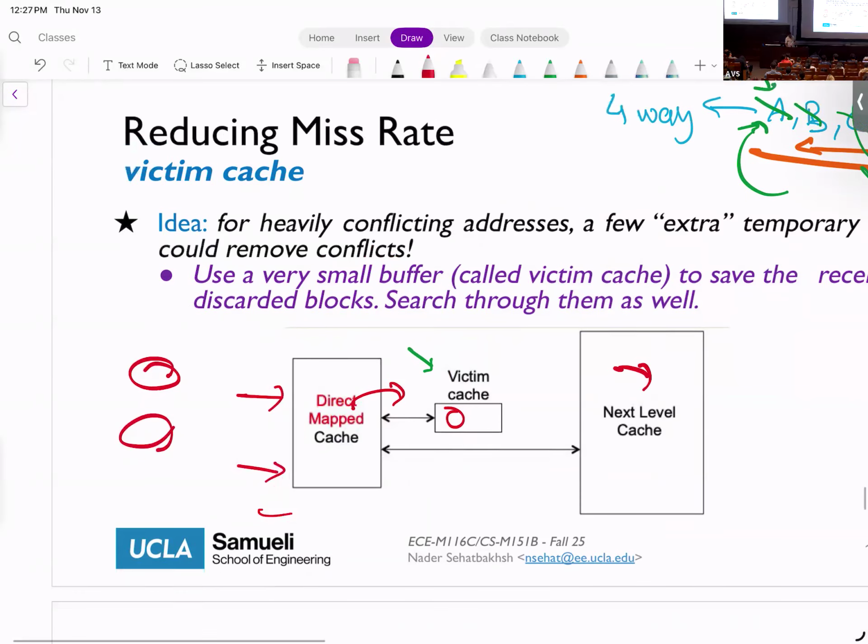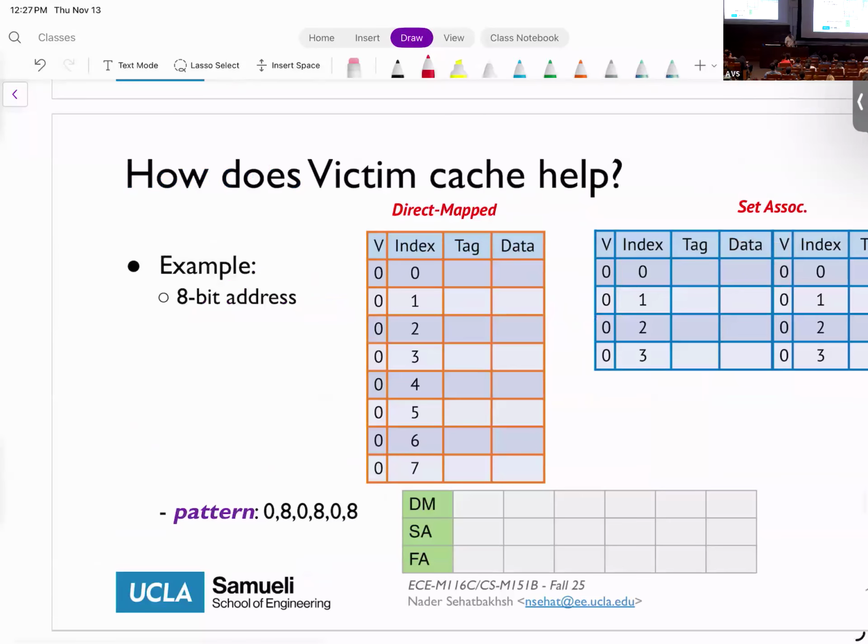So for example, I have a direct map and I have 0, 8, 0, 8. Remember that when we only had the direct map, this was all misses. Now if I have a victim cache with even 1 or 2 entries, that would be more than enough to make sure that this is all hits, right? So the first 2 will be misses, afterwards will be all hits, and this will be inside the direct map.